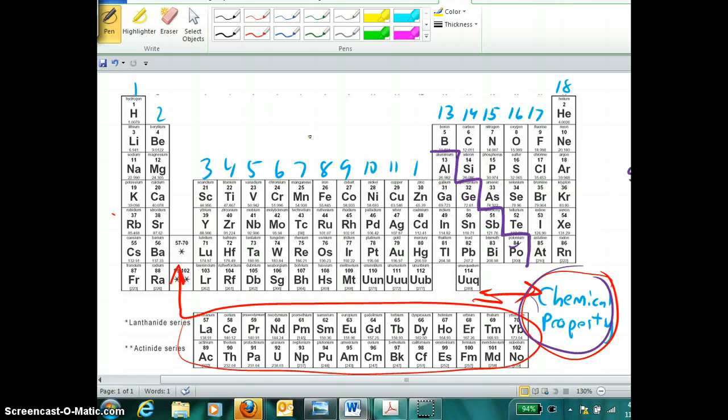Now, of additional significance to us as chemists, we often use words instead of numbers to represent the groups. For instance, all group 1 elements, except for hydrogen. Hydrogen's the outlier. It behaves like them, but it's not a metal. It actually should live over here with the nonmetals, but because its chemical behavior is so much like the metals, it is nevertheless listed in the same column as these group 1 metals, and we often refer to them as the alkali metals.